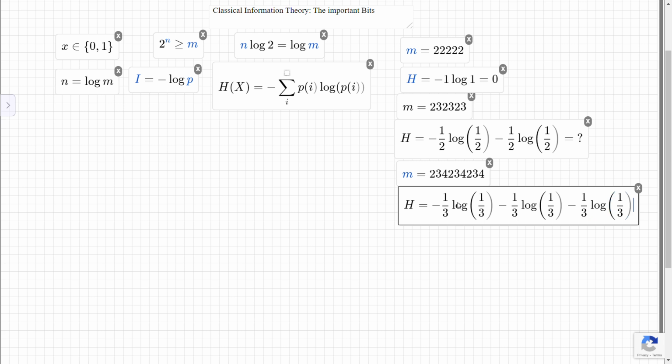The reason is that there are three symbols and all of them have the same probability of 1 by 3 to be found in the message.